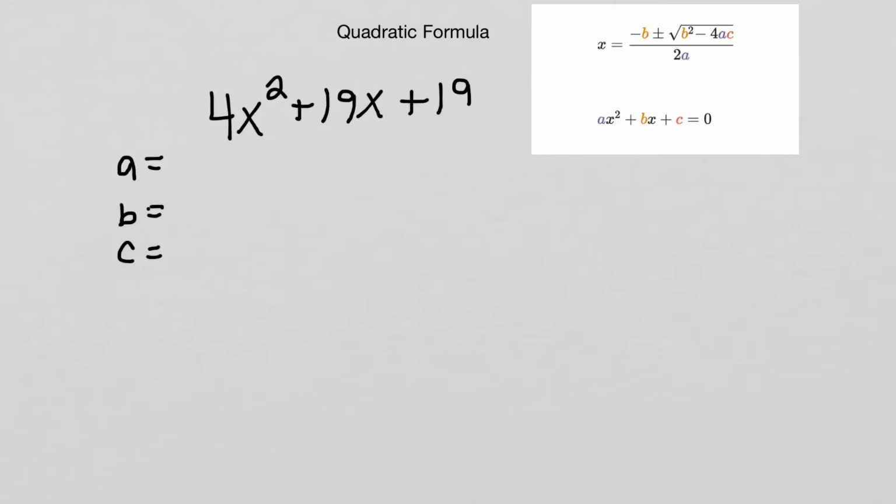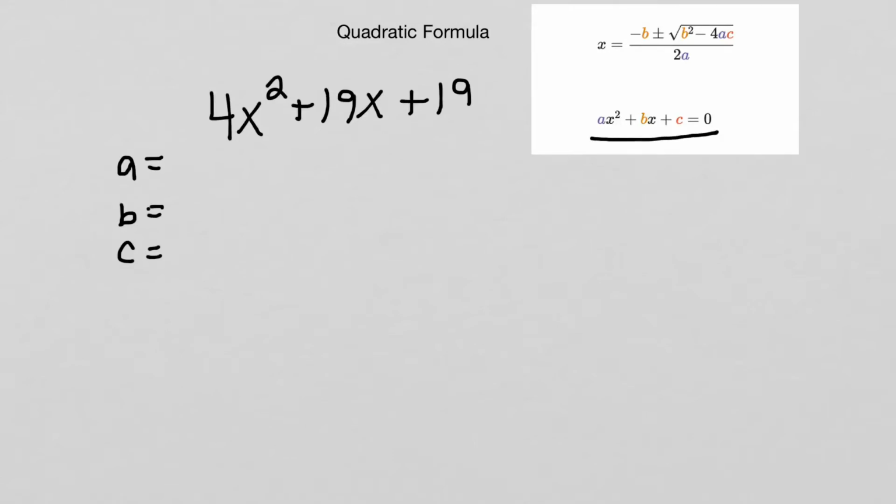All right, we want to put the quadratic formula. Here's our problem. We got 4x squared plus 19x plus 19. We want to find out, if you put that on a graph, where this parabola touches the x-axis. First thing we need to do is figure out our ABCs. If you've forgotten it, it's over here.